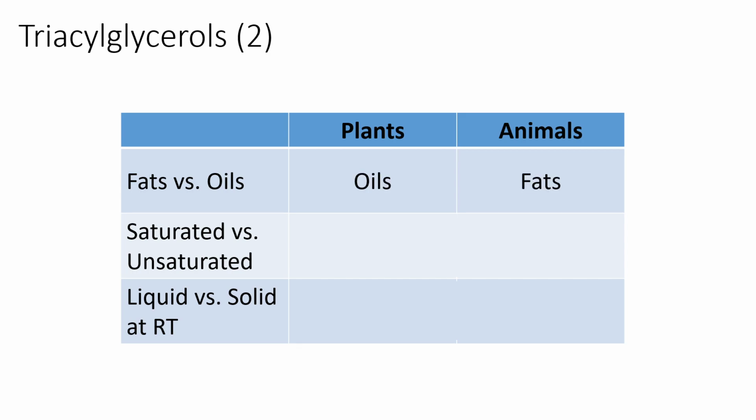In plants, generally they tend to have oils, which are often more unsaturated. In animals, the triacylglycerols tend to be more solid fats, which tends to mean we have more saturated fatty acids, which gives away our next clue, saturated versus unsaturated. So in plants, our oils are unsaturated. In animals, our solid fats are saturated.